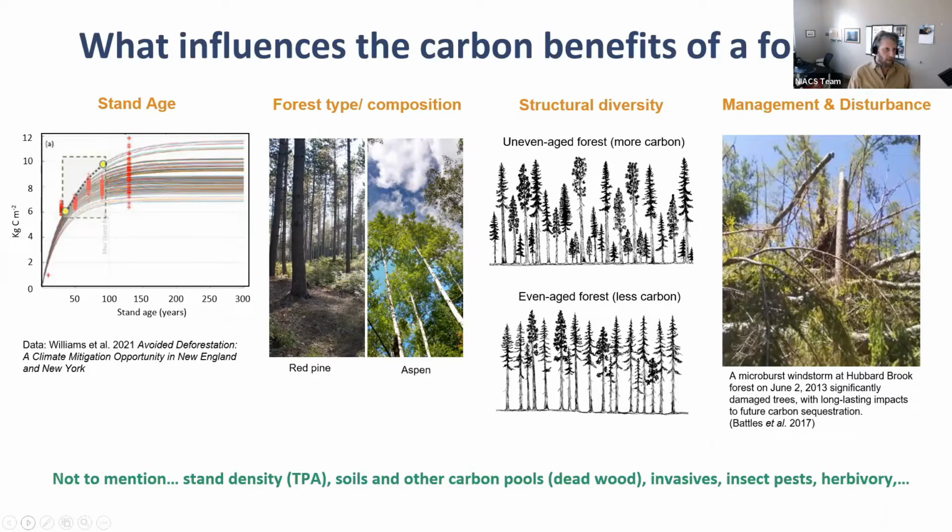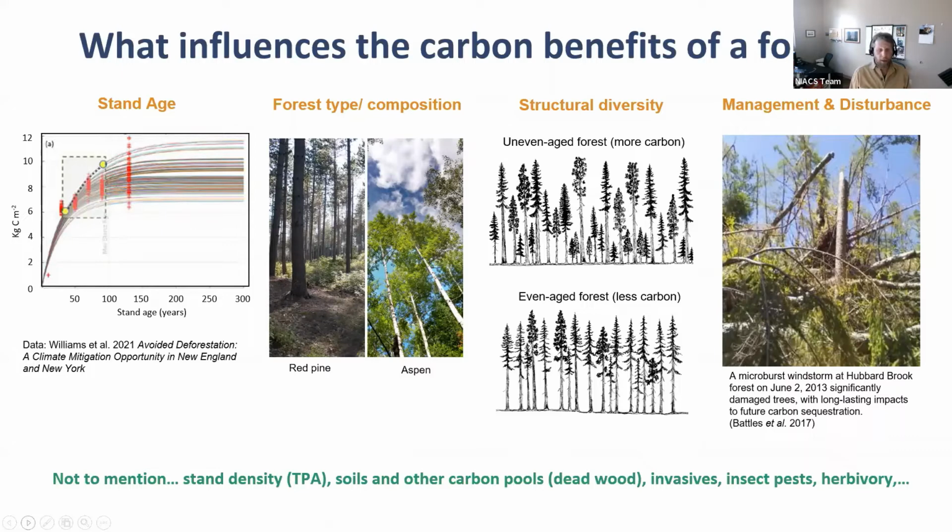This figure is based on some plot data, but also some statistical modeling, showing that in New England, sequestration rates are very fast below 100 years, with a very steep rise in carbon density, and then they really flatten out. Of course, those are modeled results, and so the on the ground data is probably never going to look that neat and clean, but it shows that general trend.